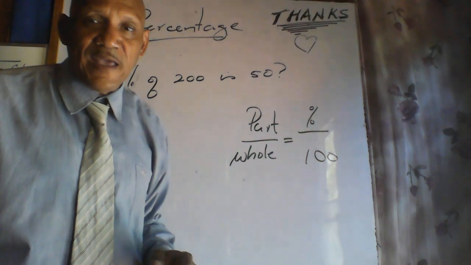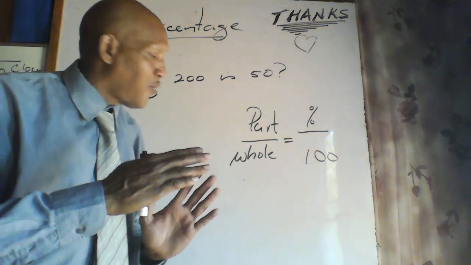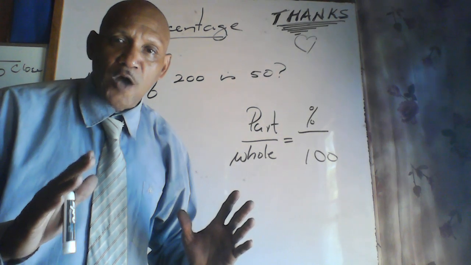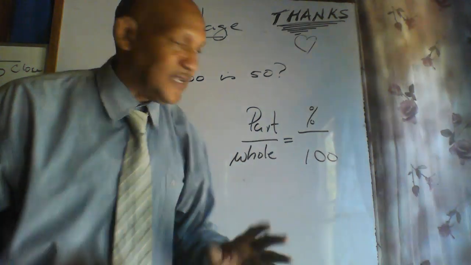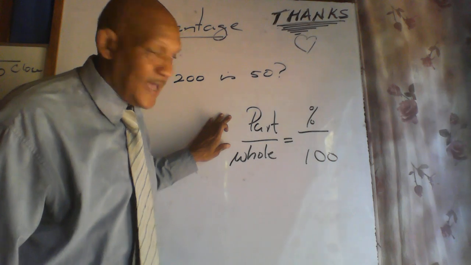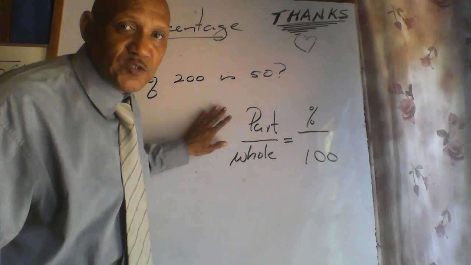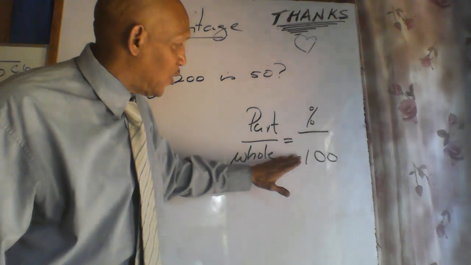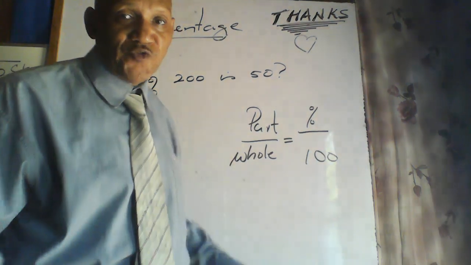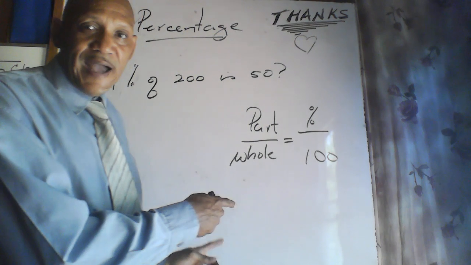So I apply the proportional setup. How do I set something up proportionally? This is my proportional formula: part over the whole is equal to percent over 100. Please remember that formula and apply it.